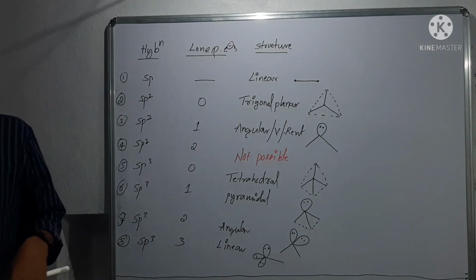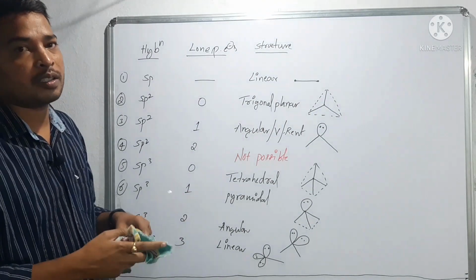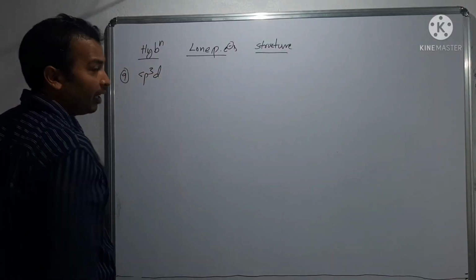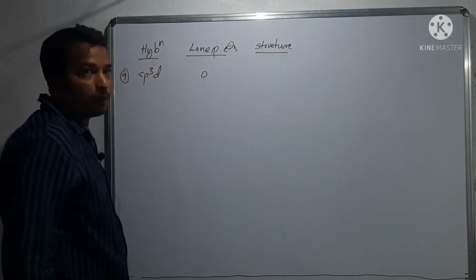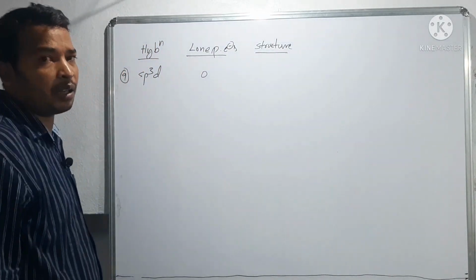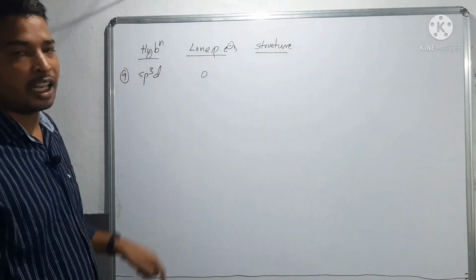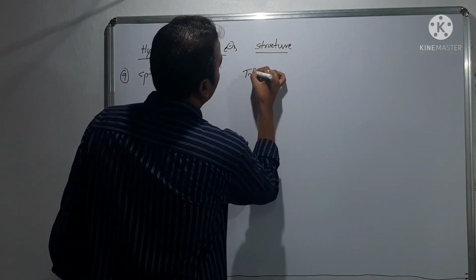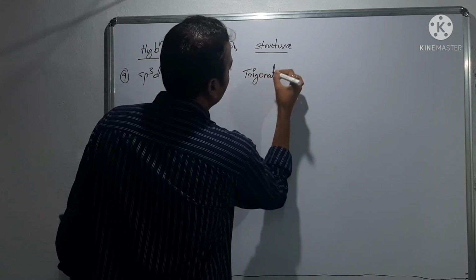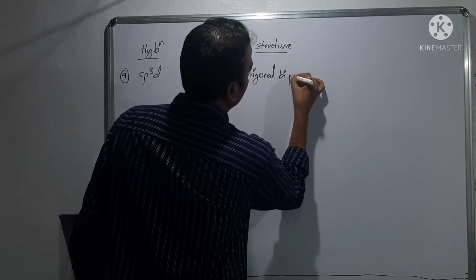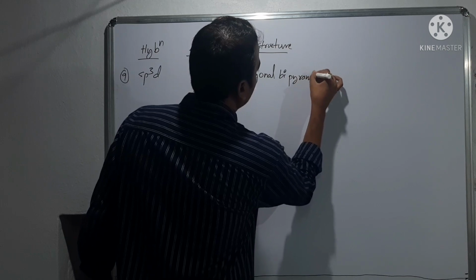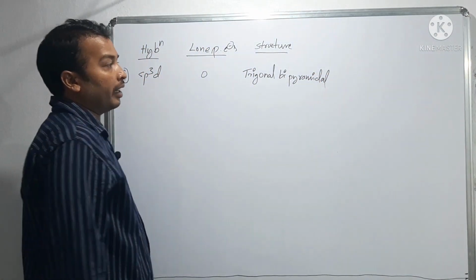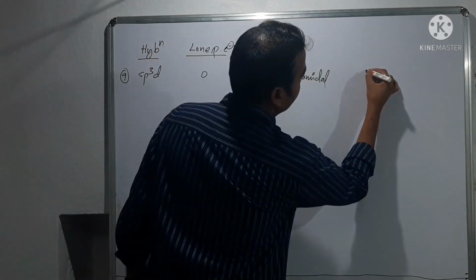So what happens if we get d orbitals also? That is sp3d hybridization without lone pairs of electrons. Without lone pairs, sp3d hybridization comes out as trigonal bipyramidal, and it has a structure like this.